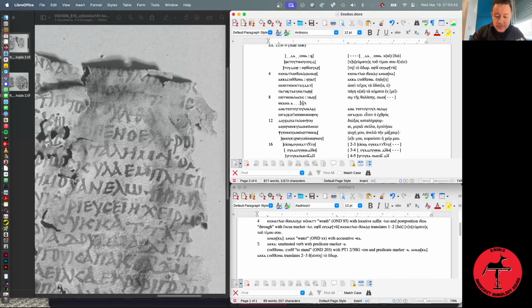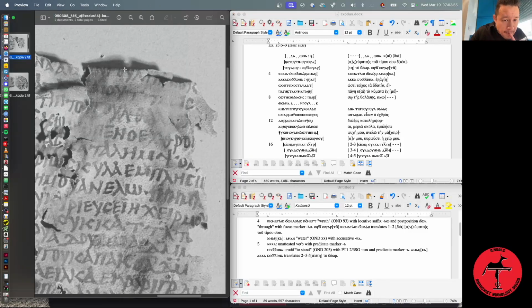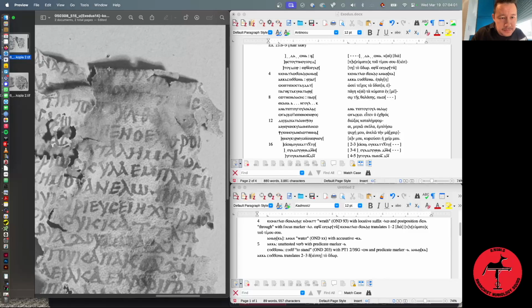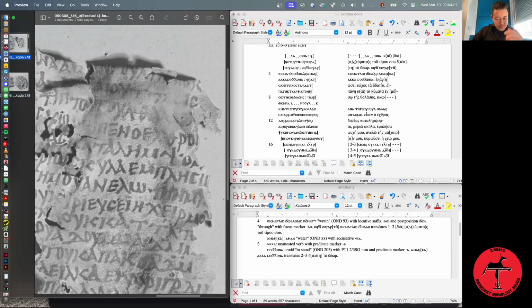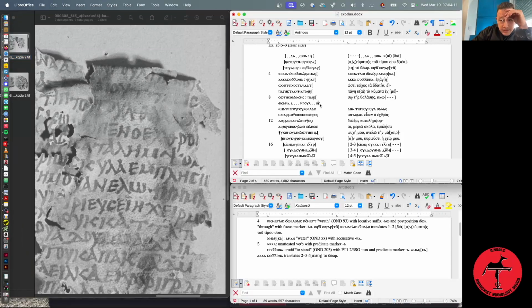Maybe wool. Bunch of things. Kappa. I cannot really read anything on this line here. Maybe an omicron before the kappa.